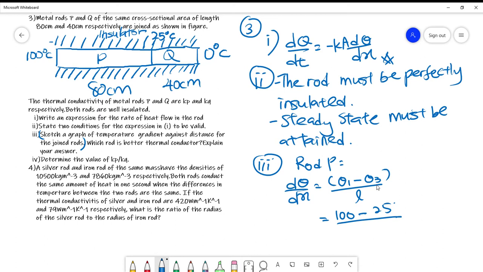This one should be negative because the temperature gradient is... how should I put that? Let me check for a while. Sometimes I am also not sure about this formula. Okay.